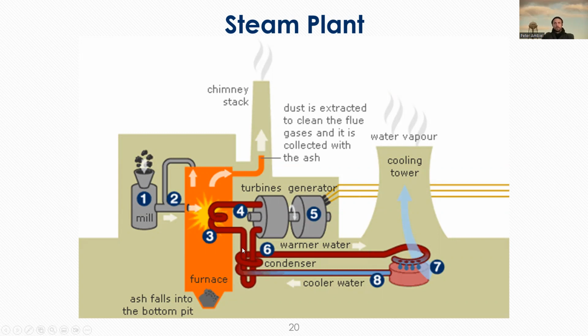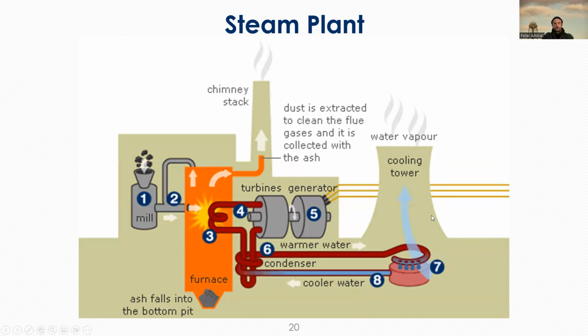The condenser is cooled by non-purified water. And so typically you're going to see these things sitting at a river, and you can just use that water in the open system to cool down the water coming out of your turbine.